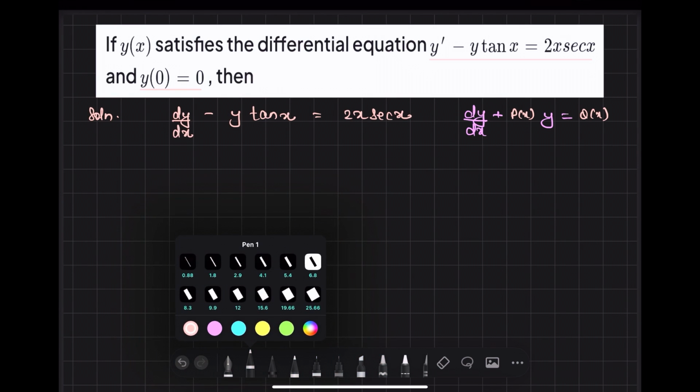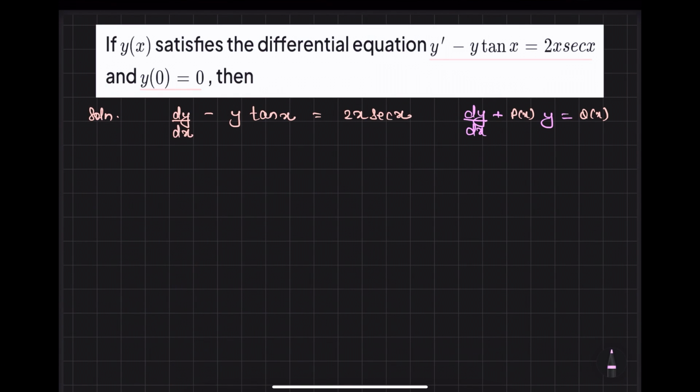If we have a question of this form, if we can convert the question into this form, if you observe, you can directly convert your question into this form. Look at this, dy by dx and y. Yes, it is in that form. So here we can apply the linear differential equation concept. So it goes this way.